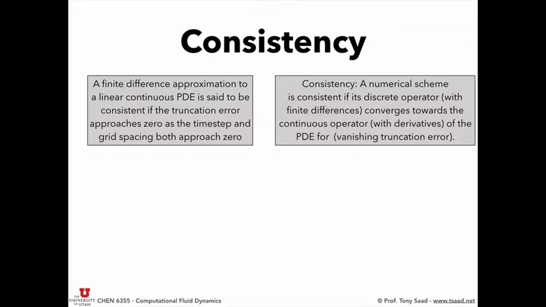In a way that makes sense, because all we've done is derive finite difference schemes from Taylor series. So the majority of finite difference schemes are consistent. Another way to formulate this is that the finite difference operator tends to the continuous operator as delta t and delta x approach 0. But anything you mess up with in your finite difference scheme can lead to an inconsistent scheme.